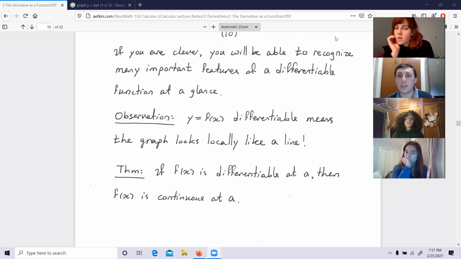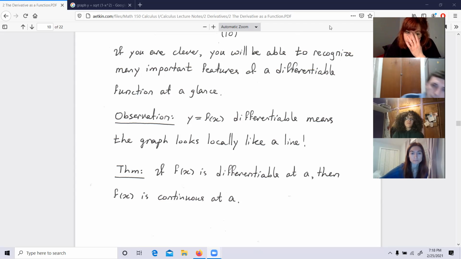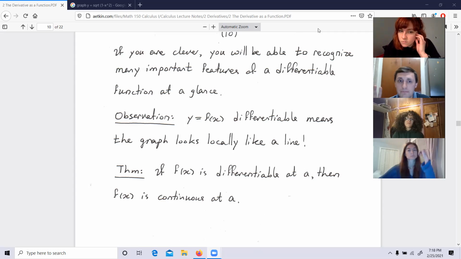If the function is differentiable, does it mean the function is continuous? Answer yes or no and explain why. I said this, the function is differentiable.